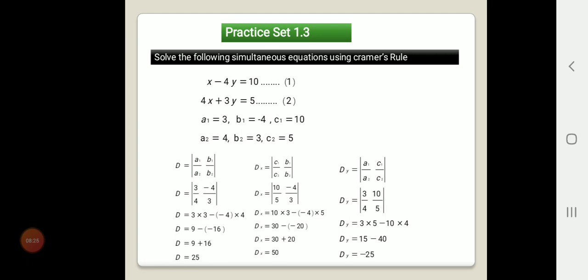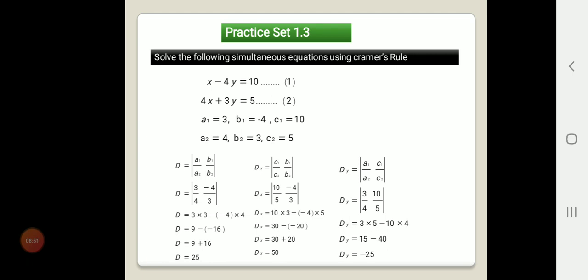Put the values in the determinant. Dx is equal to 10 into 3 minus, in bracket, minus 4 into 5. 10 into 3 is 30, minus 4 into 5 is minus 20, and minus into minus is plus. So 30 plus 20 is 50. Dx is equal to 50.